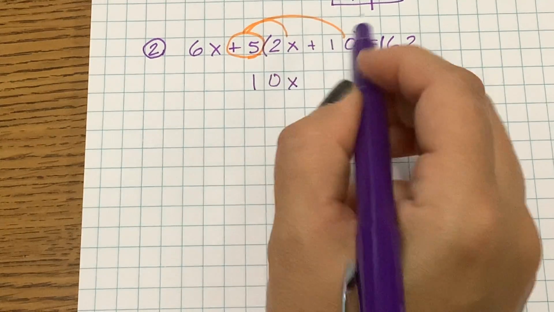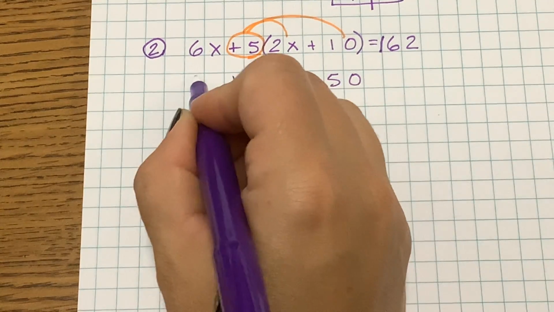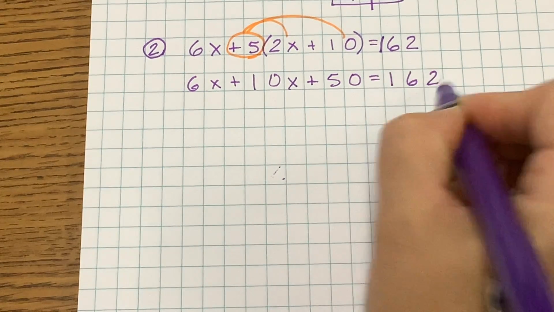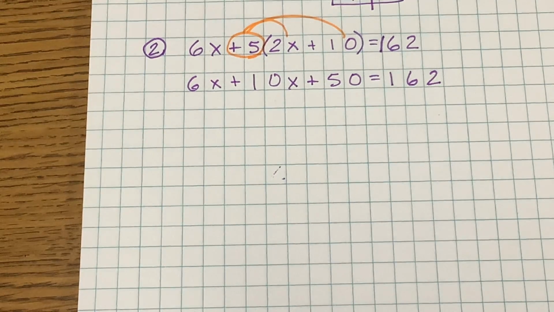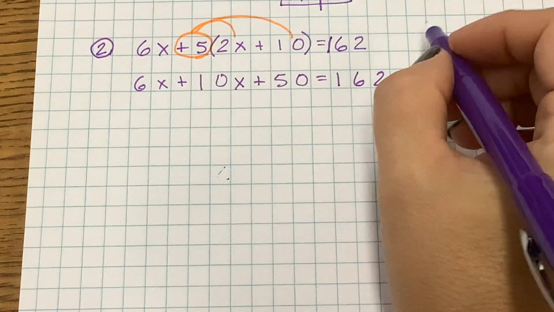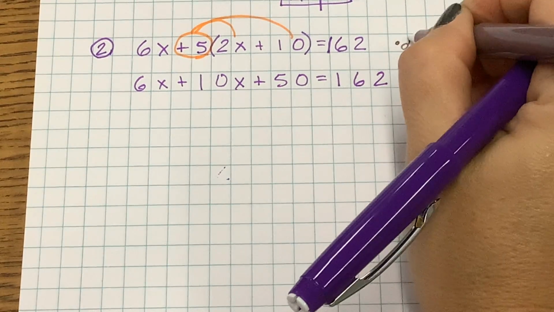And 5 times 10 is 50. And we're going to bring everything else down. So for this first step, we distributed.